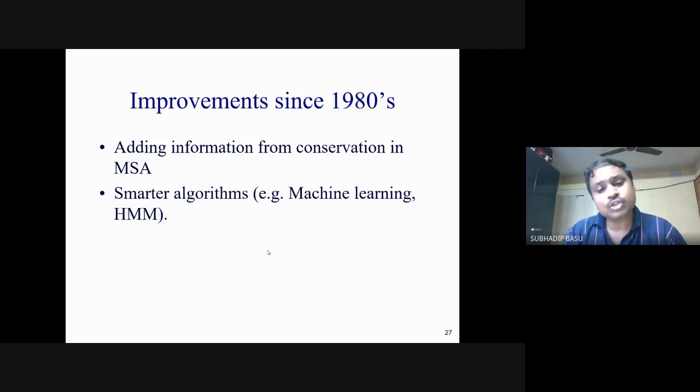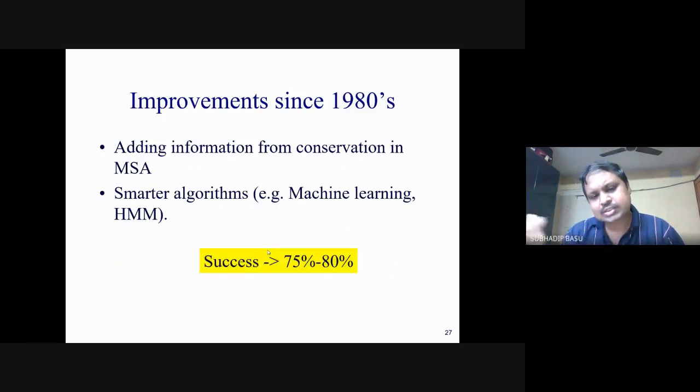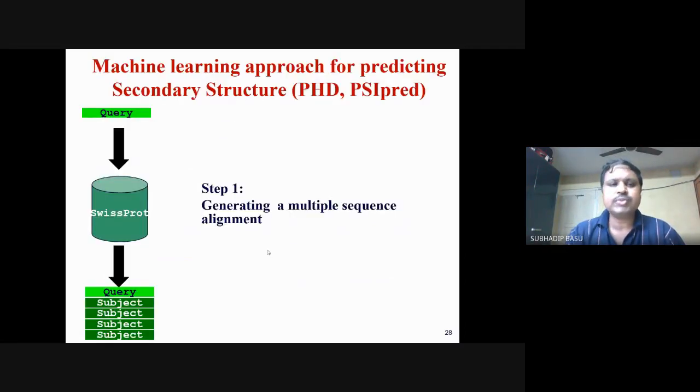And there are other algorithms, different machine learning algorithms and hidden Markov models, that we will also discuss. Success rates slowly moved to around 80%, and even today we have 85-90% accuracy. We'll discuss in the next class what the state-of-the-art approaches are.